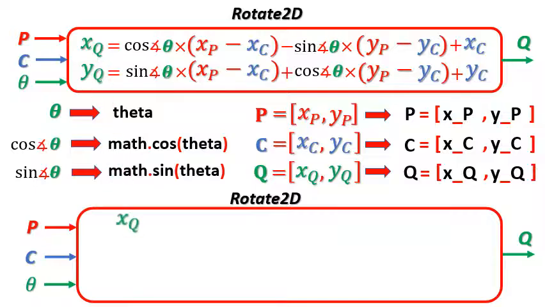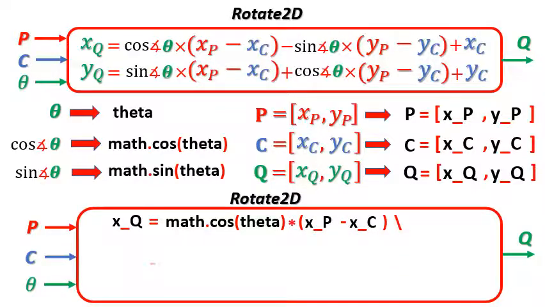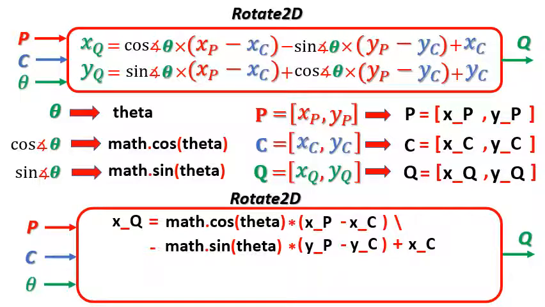We have xq equals math.cos of theta times xp minus xc, line break, minus math.sin of theta times yp minus yc, plus xc. Note that we use backslash sign as line break in Python editor when the Python command is too long and we like to write the rest of the Python command in the next line.